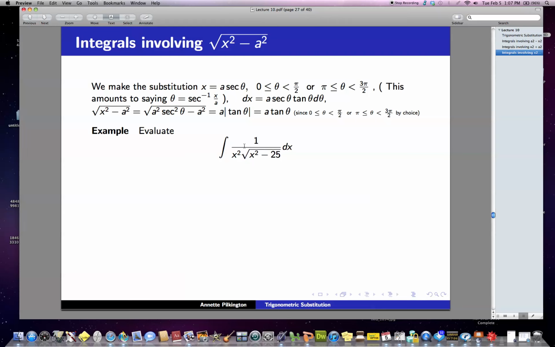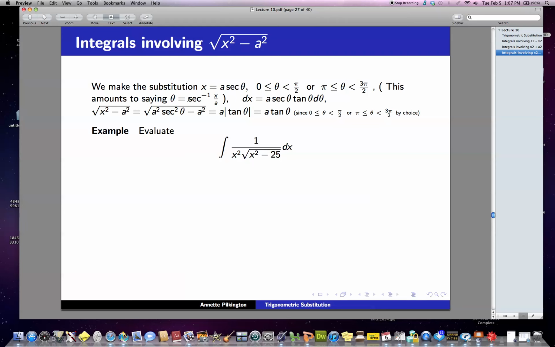And our last substitution is x equals a times secant of theta. So remember, you have to first be able to recognize where to use each type of substitution. And in this case, if we have the square root of x squared minus a squared, we use x equals a times secant of theta.